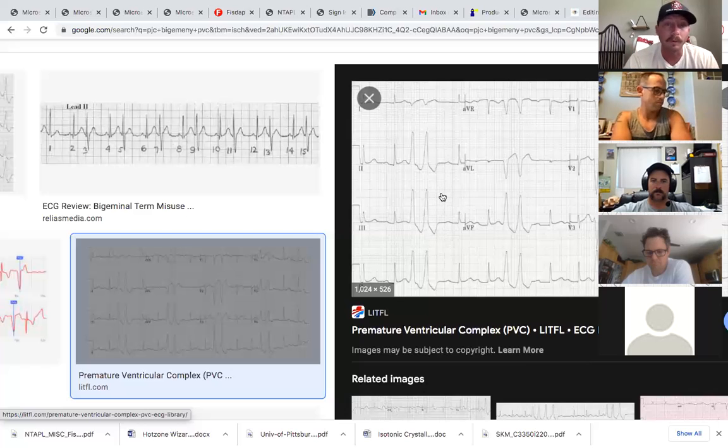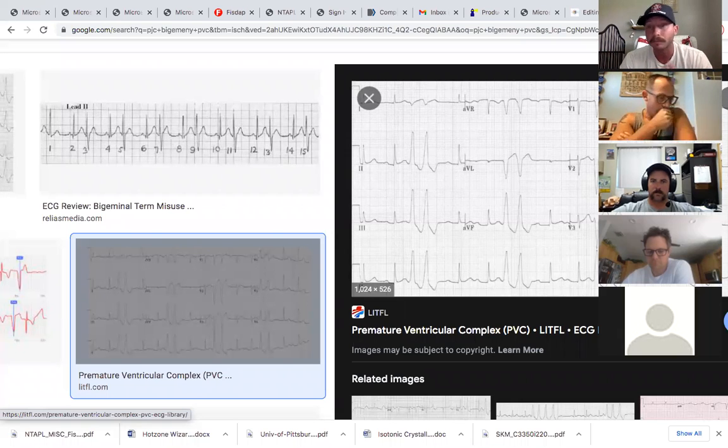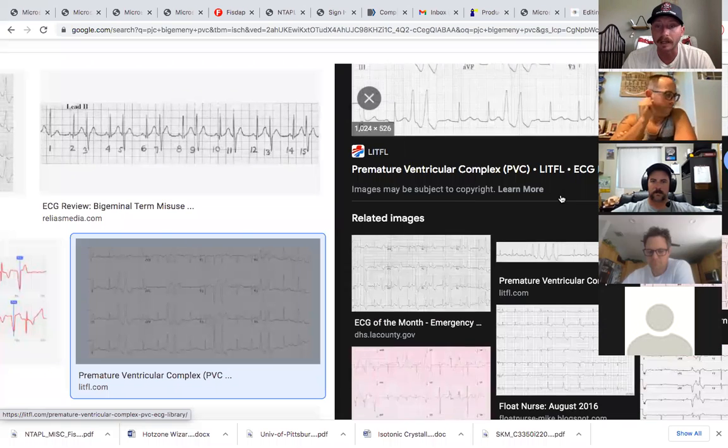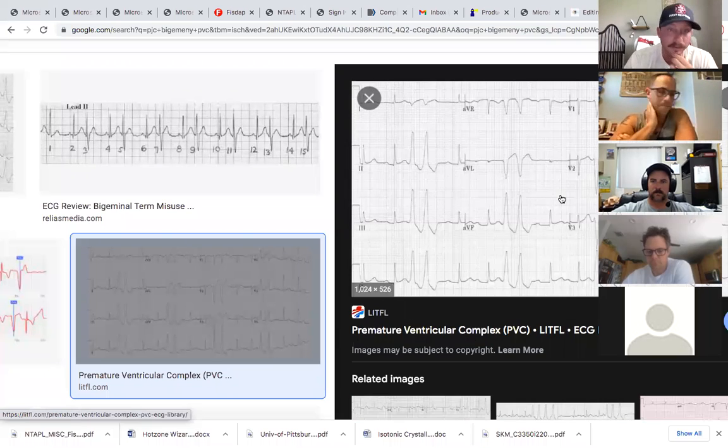But remember, when we eliminate all these ectopic beats, if they're perfusing, they're helping to maintain blood pressure. So if I eliminate all these ectopic beats and all I leave is the underlying rhythm, I need to make sure there are enough underlying rhythm beats to maintain perfusion. So something to consider. But lidocaine would be a great option.